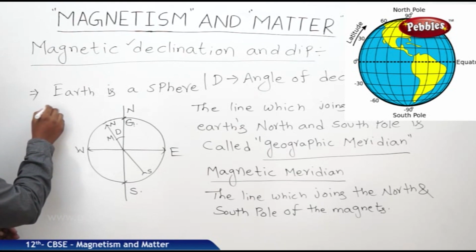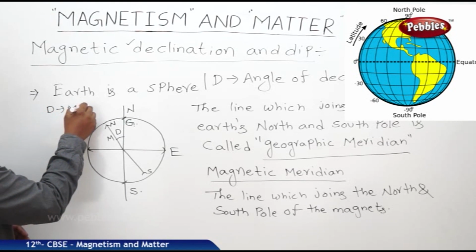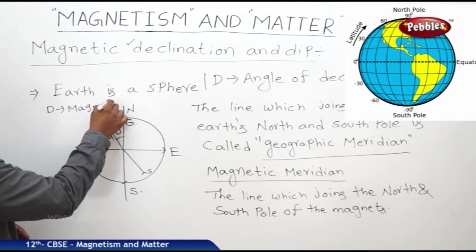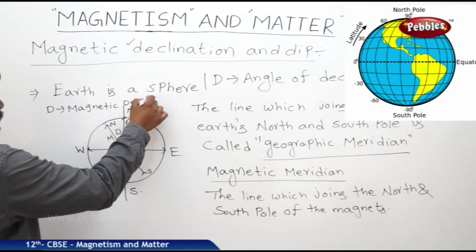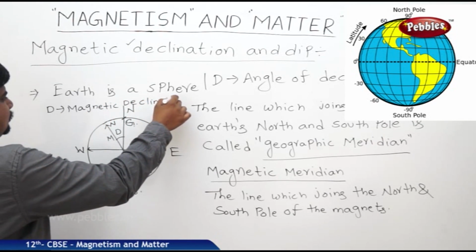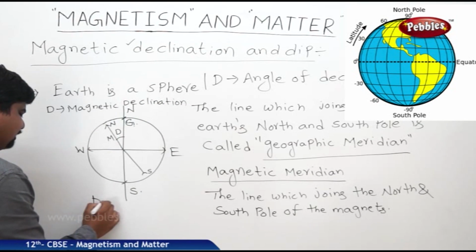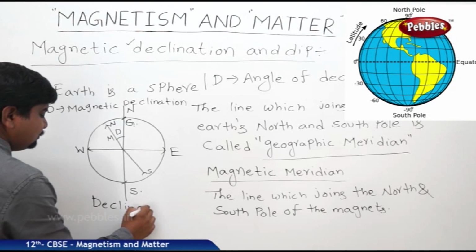So D is called magnetic declination or simply declination.